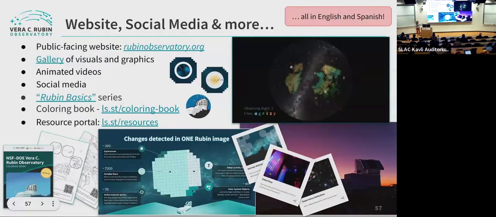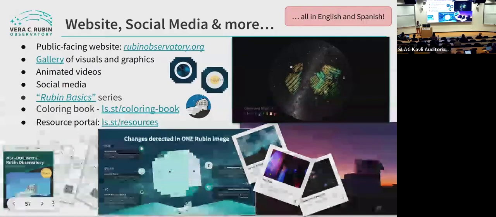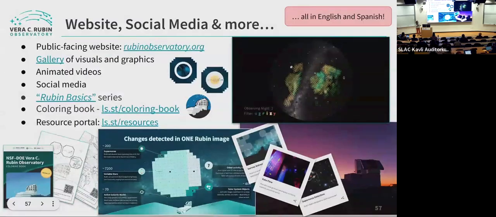We have a Rubin Basic series, which compiles resources about a specific science or technology topic. And we create lots of fun and interesting things. You can find pretty much everything on the website. There is also this resource portal, ls.st/resources, which has links to many of these things as well.